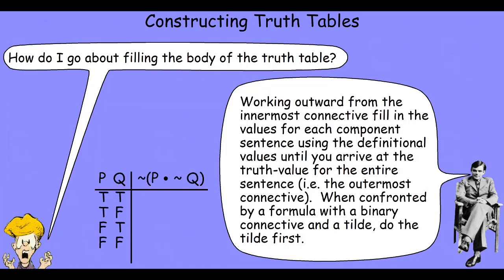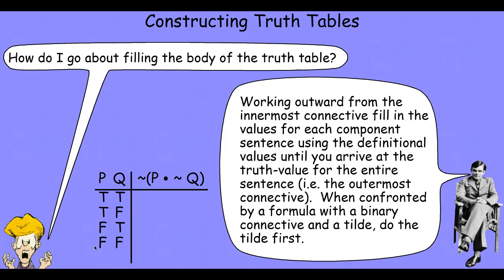Suppose we have the following formula here. Tilde, parentheses, P, dot, tilde Q, parentheses. We put our simple statement letters up here. We put our formula top right. Below Q, we alternate off in our guide columns, true, false, go out to P, double that number in the series, true, true, false, false.